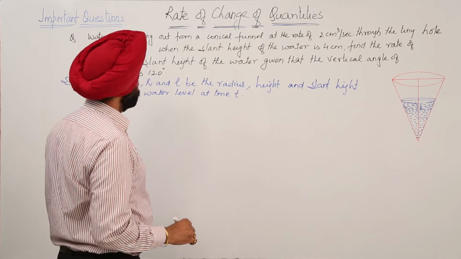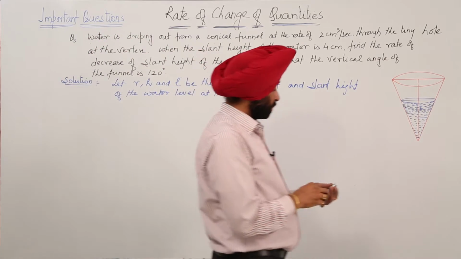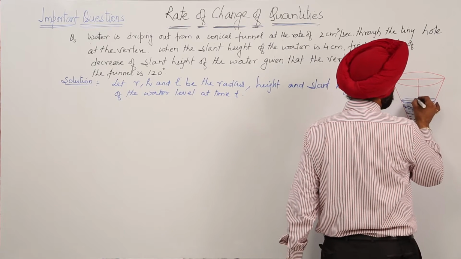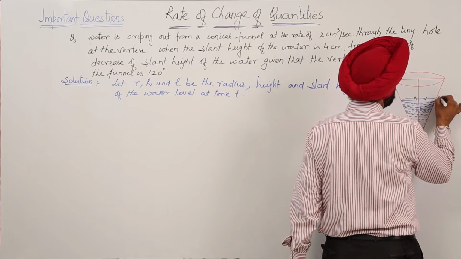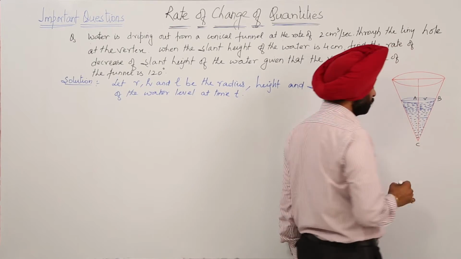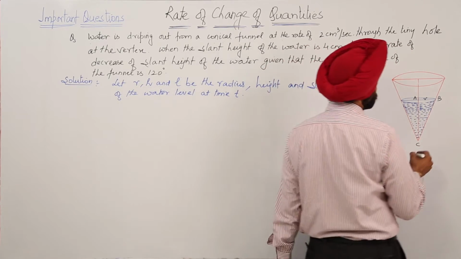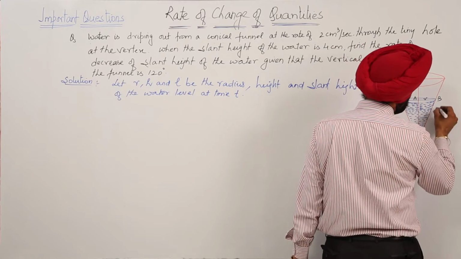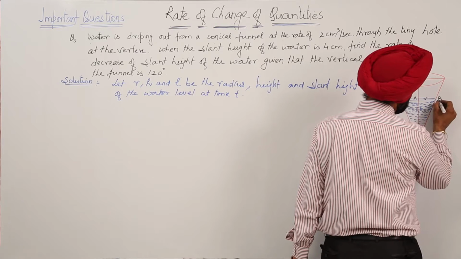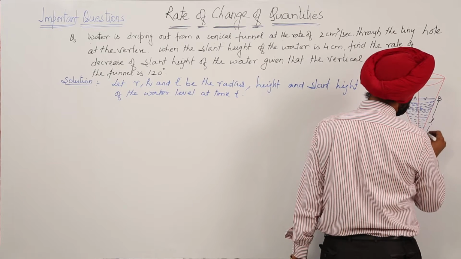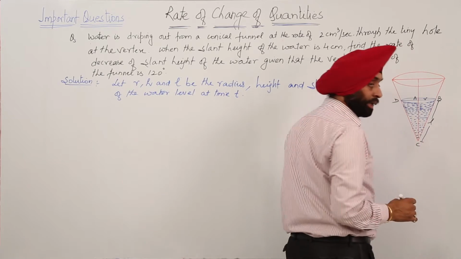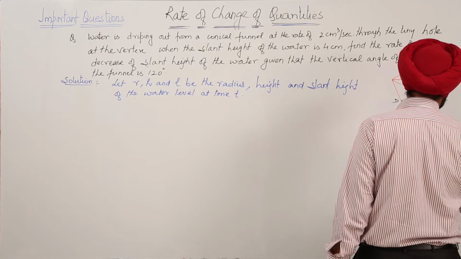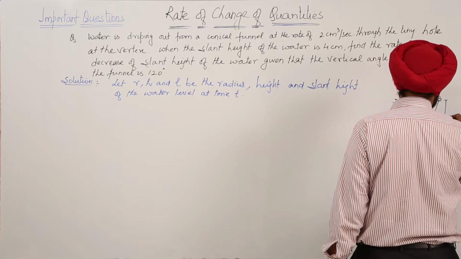Okay, now let's show what we have taken. Now this is r radius, let it be from A to B, let this part be C. Okay, and let this be D. Now from here to here, this is small l, from here to here it is small h.